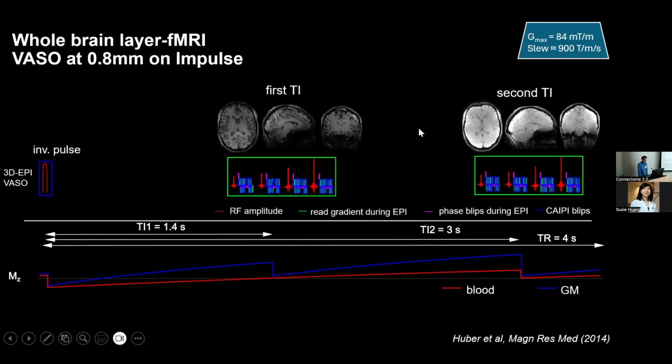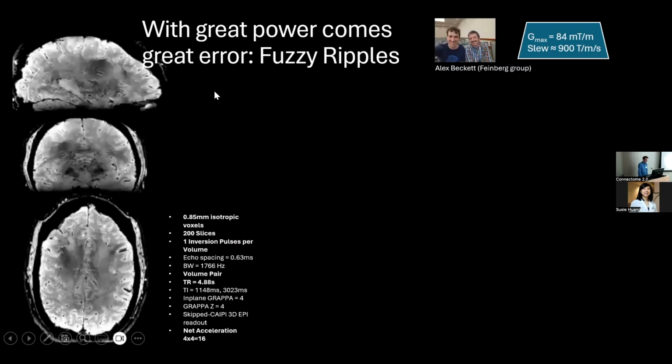And when you take these and apply them on the Fine-Bergertron, the Impulse, you do learn the lesson that with great power comes great error. As you are scaling your gradient strength, you also are scaling your gradient errors.